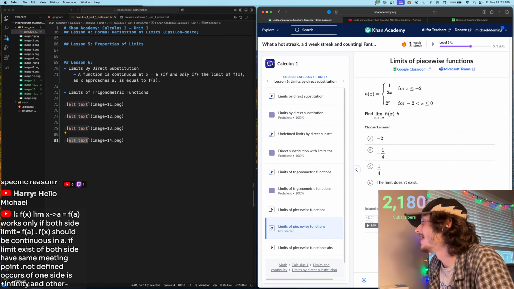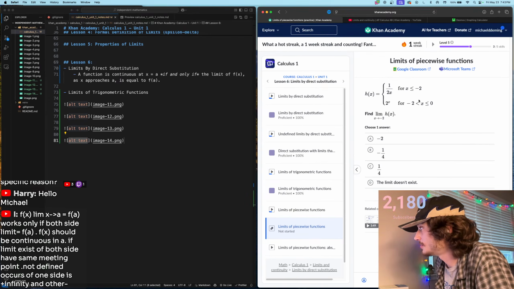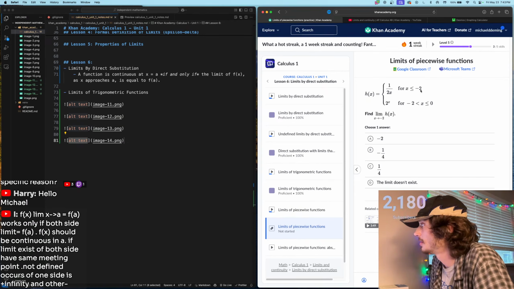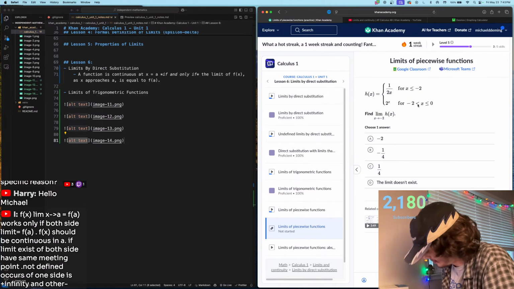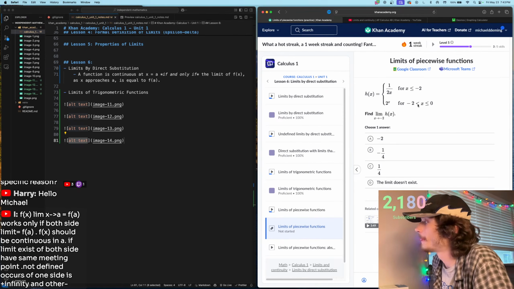Okay. x approaches negative 2. We need to check if these two exist at negative 2. That is our breakoff point here. So 1 over 2 times negative 2 is equal to 1 over negative 4.